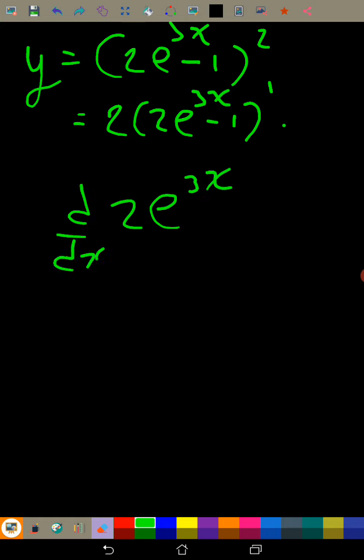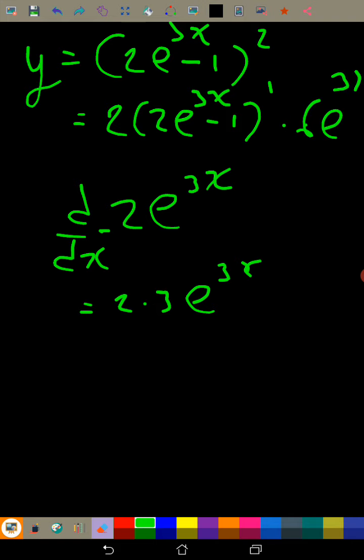The derivative of this, so we have a little bit more job to do, but 2 times 3 is 6e^3x. That's the derivative. So we times by 6e^3x.